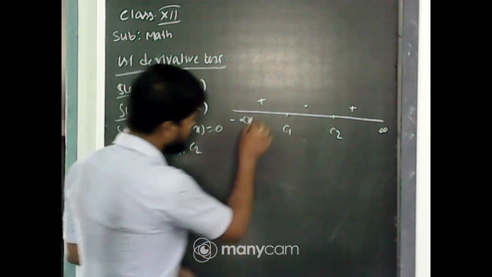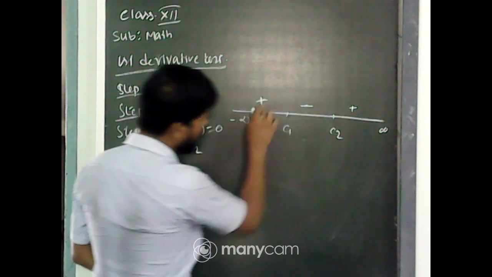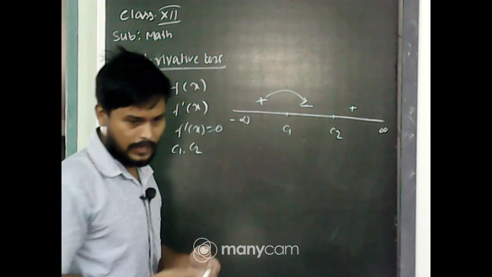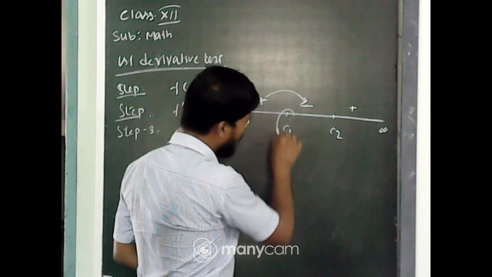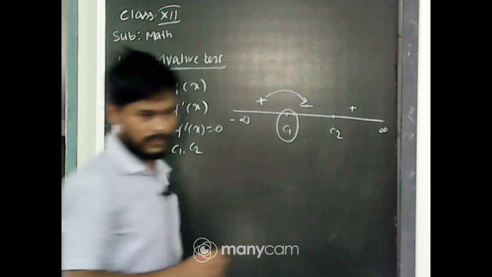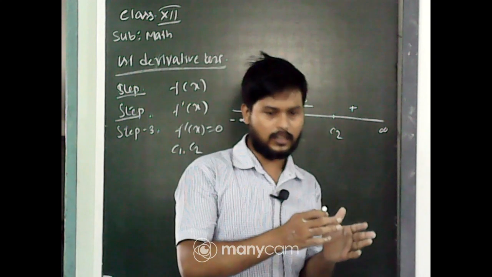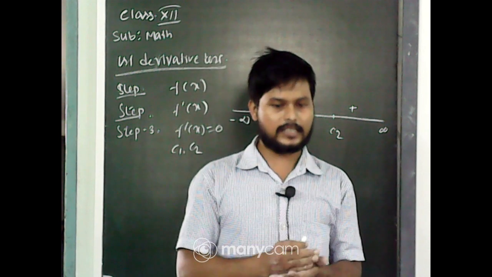Now look here, the sign of f dot x is changing from positive to negative. So what can we conclude? We can conclude that the function has a maximum value at the critical point c1, because when the sign of f dot x changes from positive to negative, there exists a maximum.